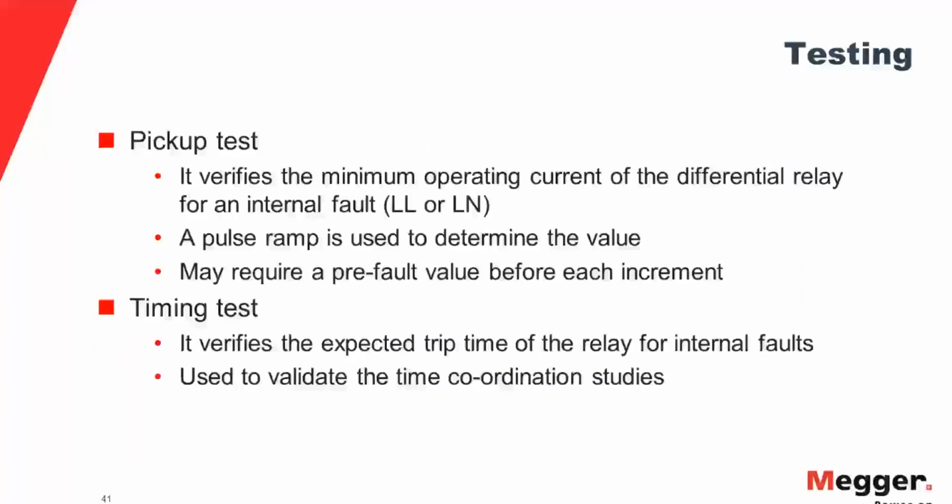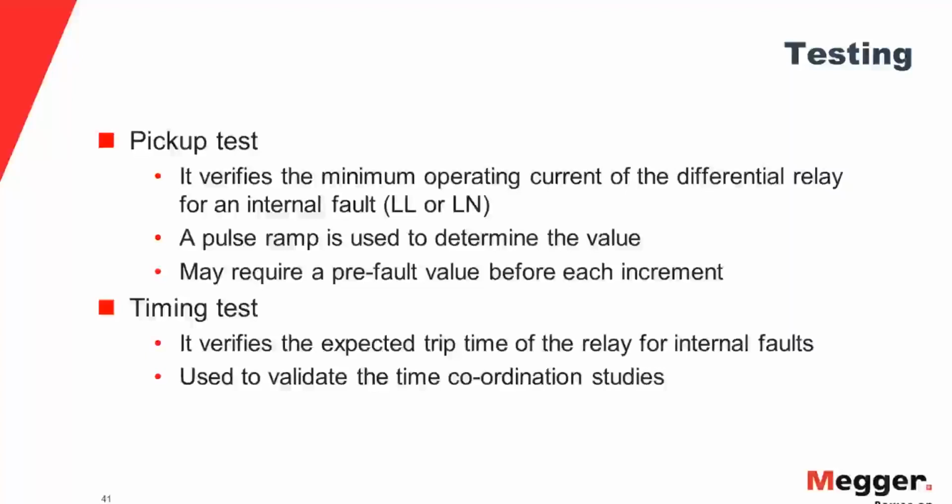When I supply a nominal current or a value that represents an external fault, the relay should not operate because it is not within that zone. So if I inject certain voltages and currents into the relay which represent a fault outside of the protected zone or a nominal operating condition, the relay should not operate.